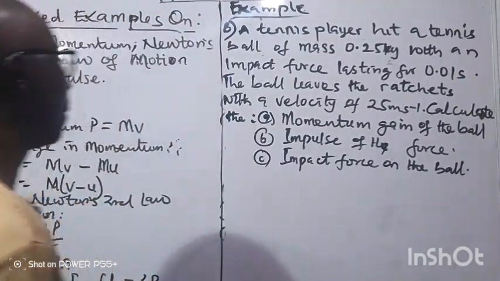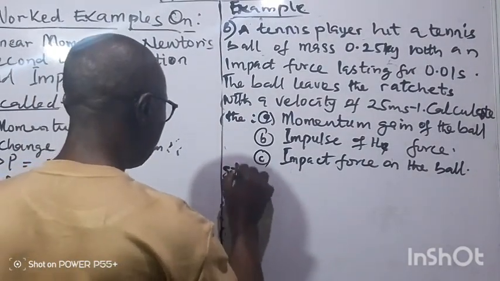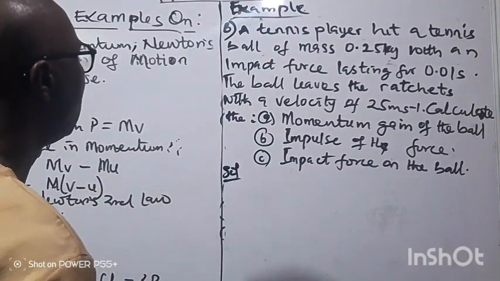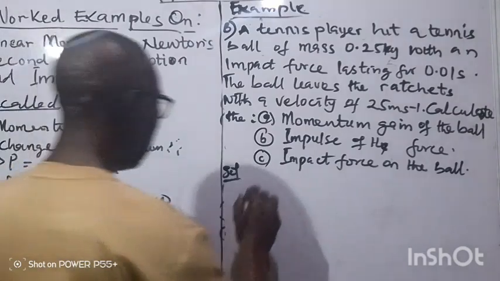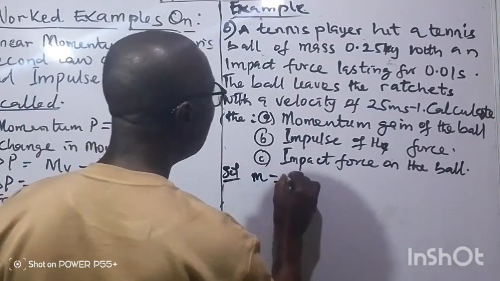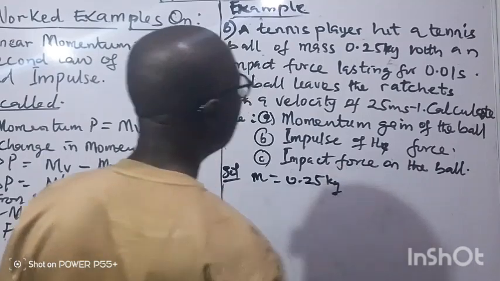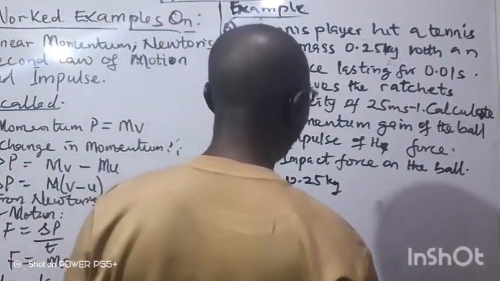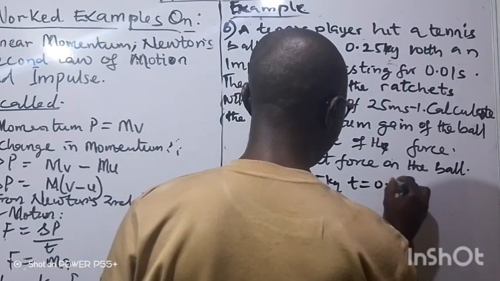Now, solution to this one. Let's write out the parameters on the board. A tennis player hit a tennis ball. Mass is given as 0.25 kg. The impact lasts for a time, T, of 0.01 seconds.